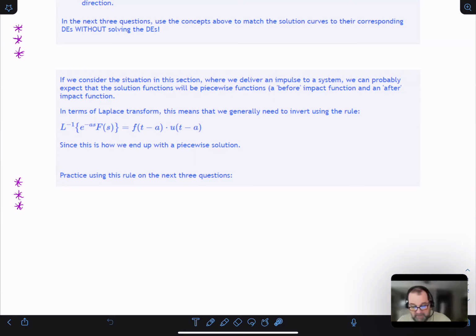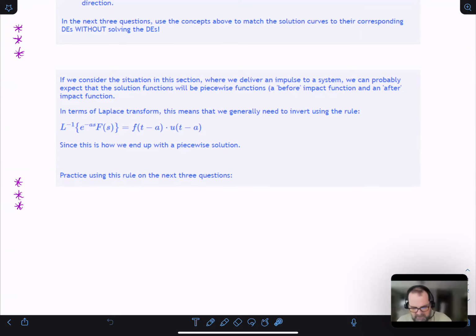So what I would expect just logically from this is that our solution to a system like this, where an impulse is delivered, needs to be a piecewise function. We need to get a piecewise answer here because the function and the mass spring system is behaving differently before the impact versus after the impact. There are two different functions here. This feels like it should be piecewise.